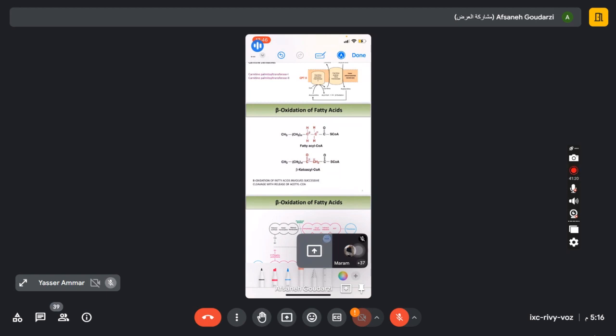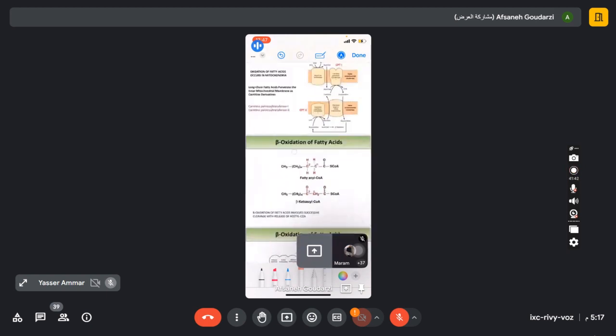The example I give you is the fatty acid with 16 carbon, which is known as palmitate. Therefore, the product of its beta oxidation is acetyl-CoA. We will not get any propionyl-CoA. Okay, so you understood what beta oxidation of fatty acid means.